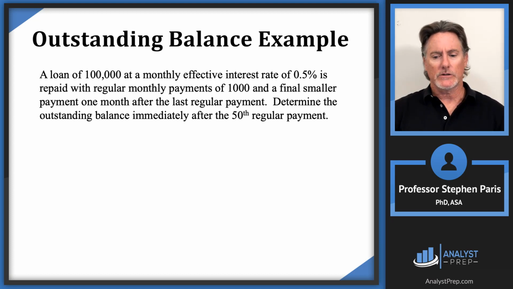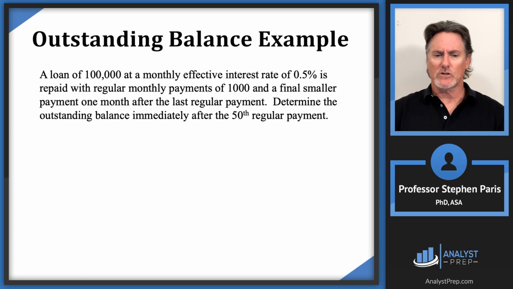Prospectively, the balance after the 50th payment would be the present value of the remaining payments. Well, the problem here is I don't know how many payments I have. I wasn't given that information. I could figure it out, but there's going to be an extra step involved.